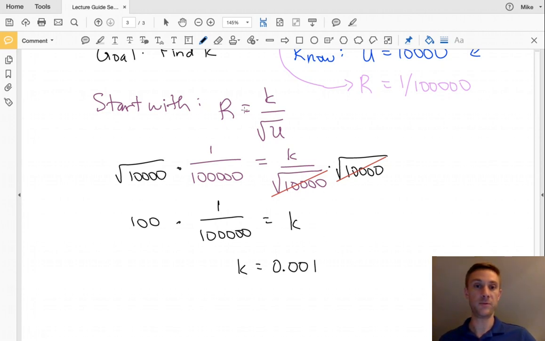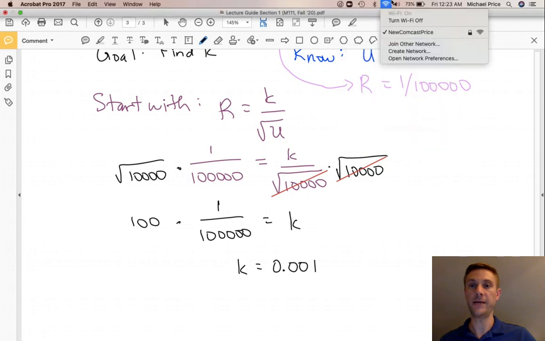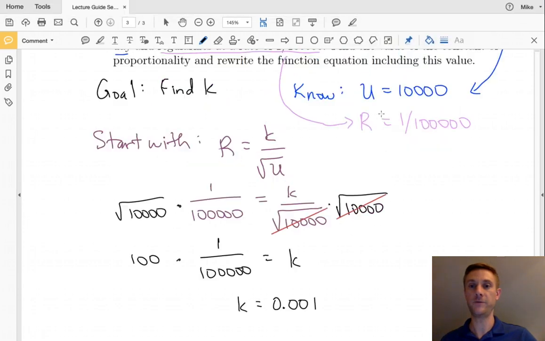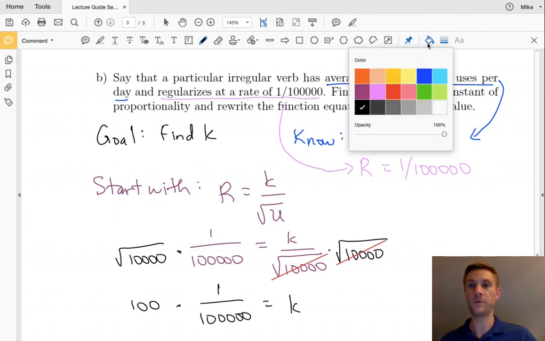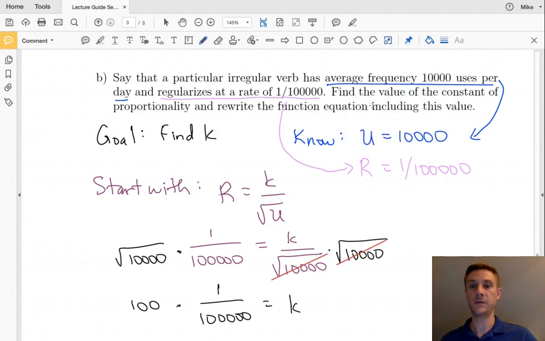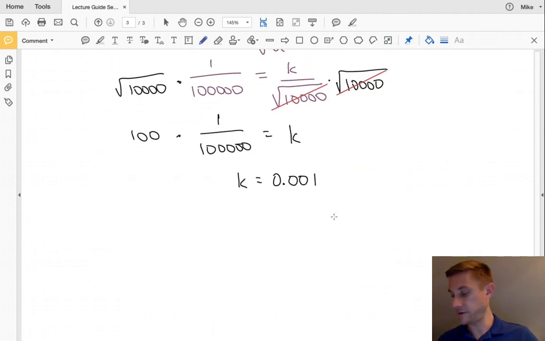So this was the principal algebra thing that we wanted to put together. Then to round everything out, our actual goal here was to find the value of the constant and rewrite the function equation. So we can put it all together. Got our constant, and so now our equation looks like so.